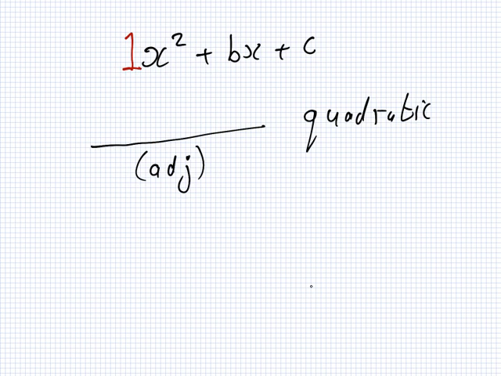So, you probably know this, or maybe not. This prefix mono means 1. So, we call this a monic quadratic. Okay. Monic, yeah.